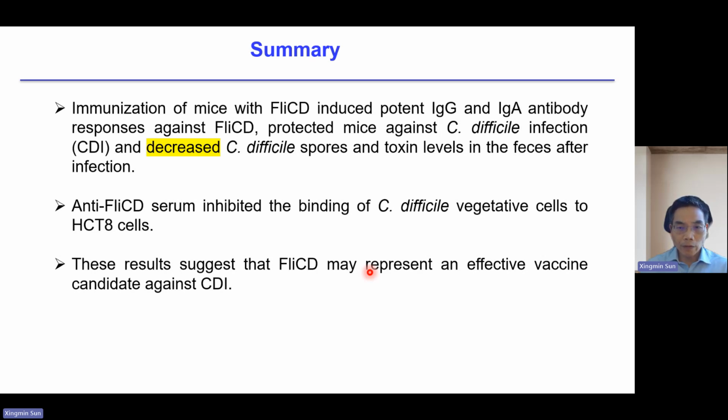We've also found anti-FliCD serum could inhibit the binding of C. difficile vegetative cells to human cells. Our results suggest FliCD may represent an effective vaccine component against C. difficile infection, which can be used in combination with a toxin-based vaccine candidate.